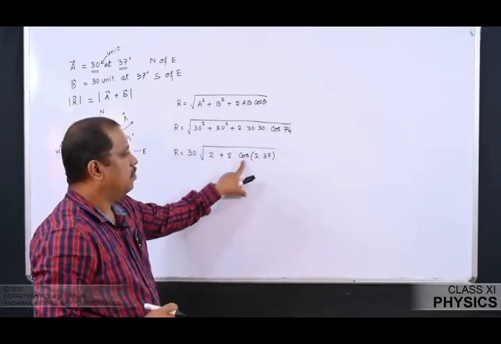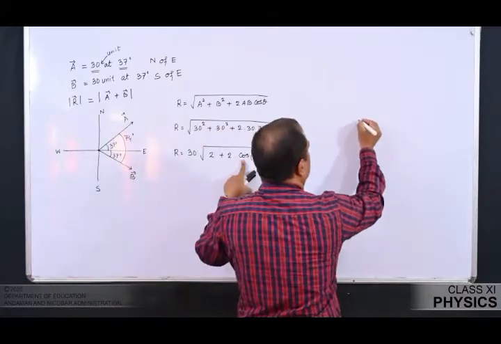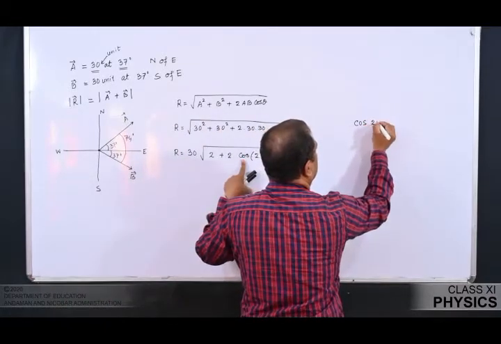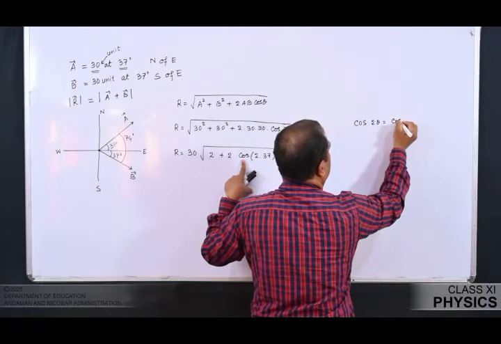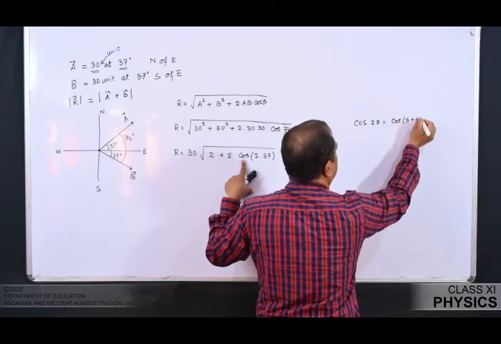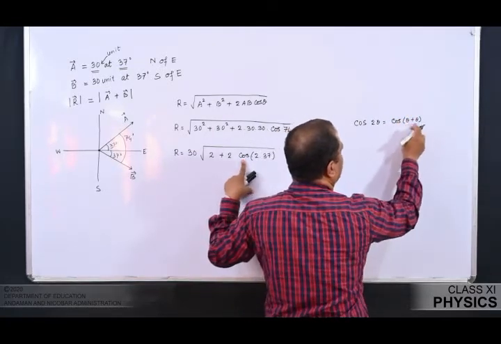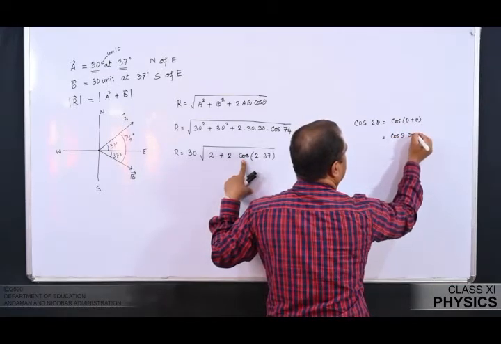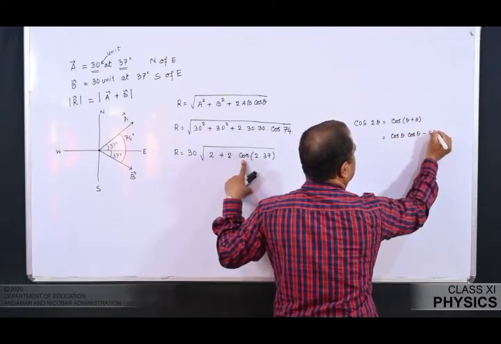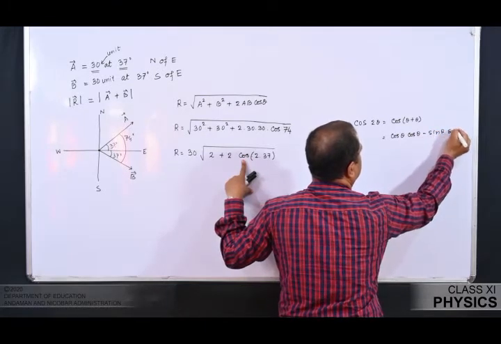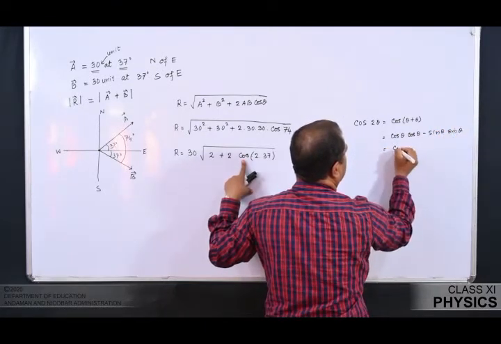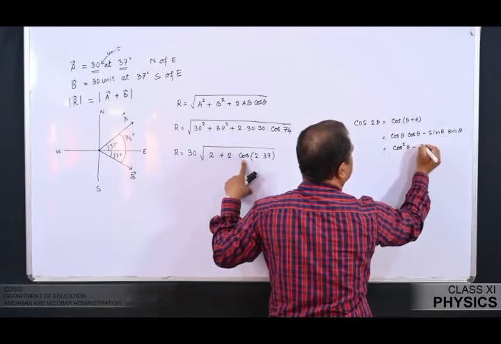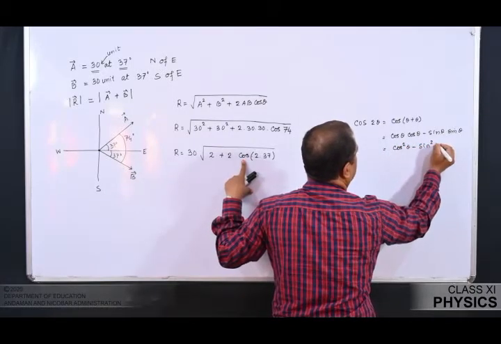Now, cos 2 theta can be written as cos theta plus theta. So cos A plus B can be written as cos A cos B minus sin A sin B. Otherwise we have cos square theta minus sin square theta.